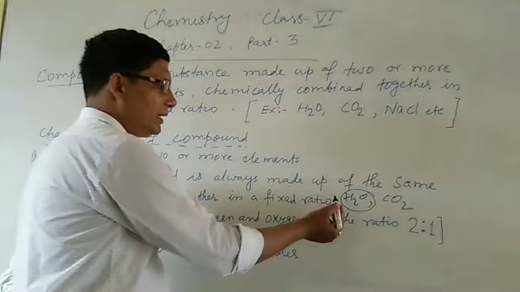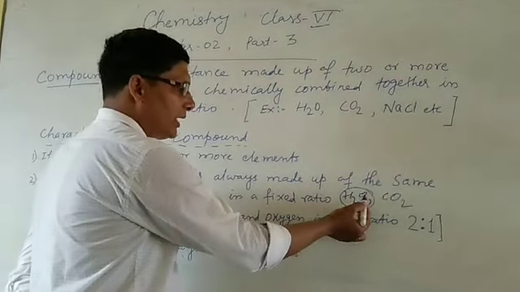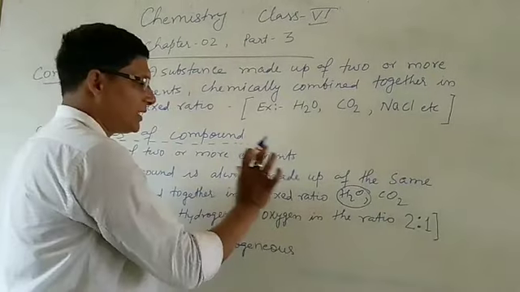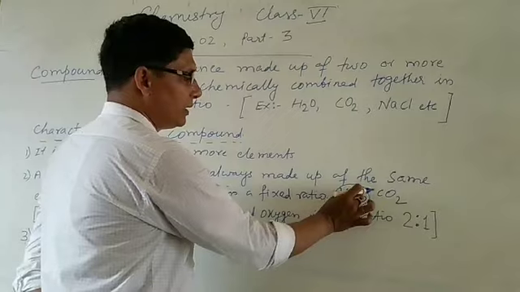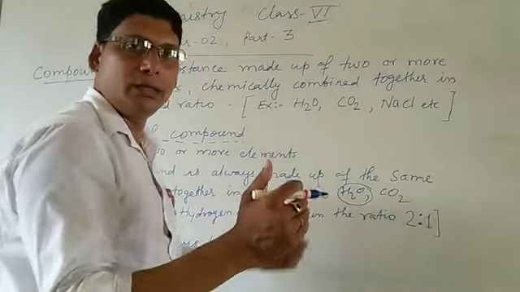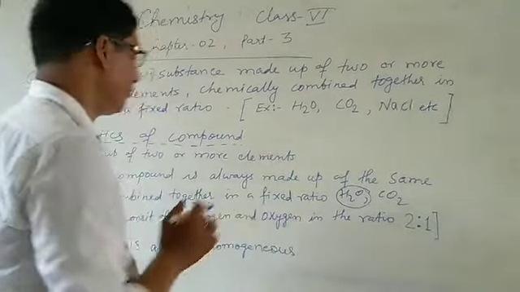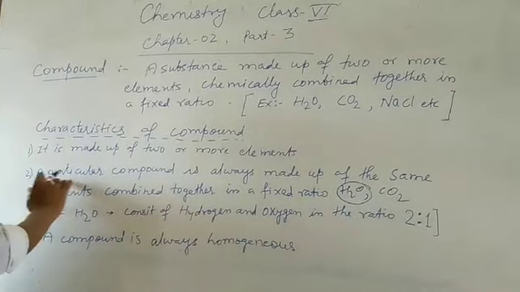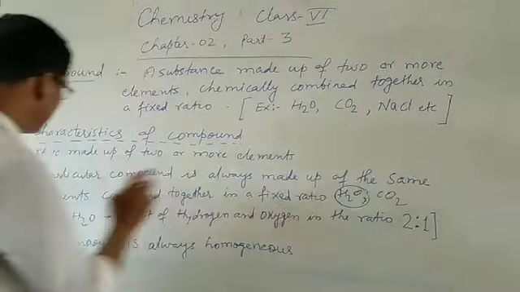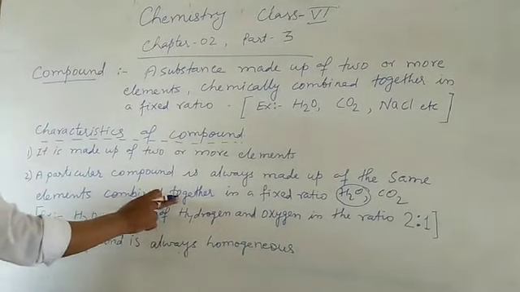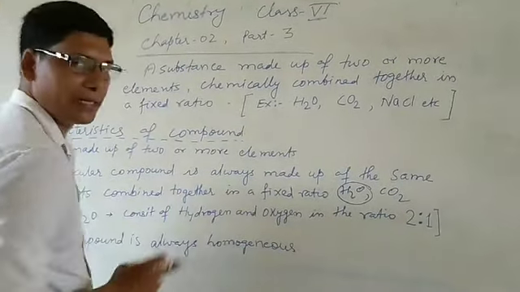And water will always be formed when two atoms of hydrogen and one atom of oxygen join together. So what does it say? A particular compound is always made up of the same elements combined together in a fixed ratio.